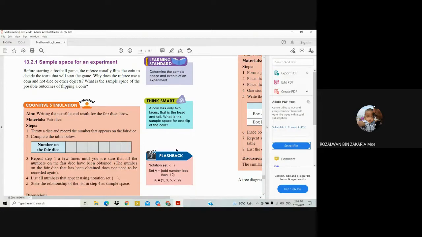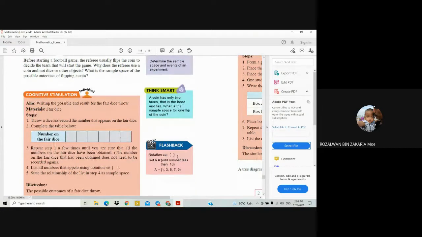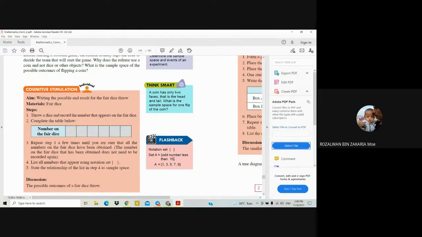And for this subtopic, you also need to remember about the set, which you already learned in Form 1. Okay, the notation for set. Let's say set A equals odd numbers less than 10.